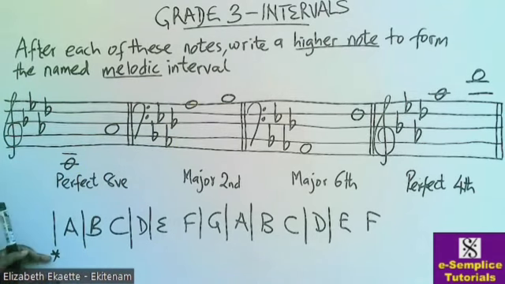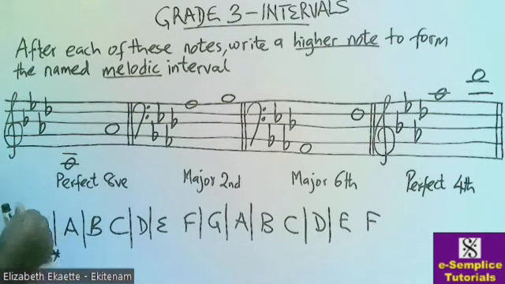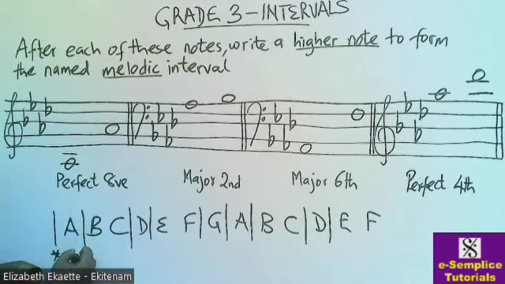And from A flat, now you are going to count the quality of your interval. A major second has 2 semitones. So from A flat, you are going to count 1, 2. See where it ends up here.